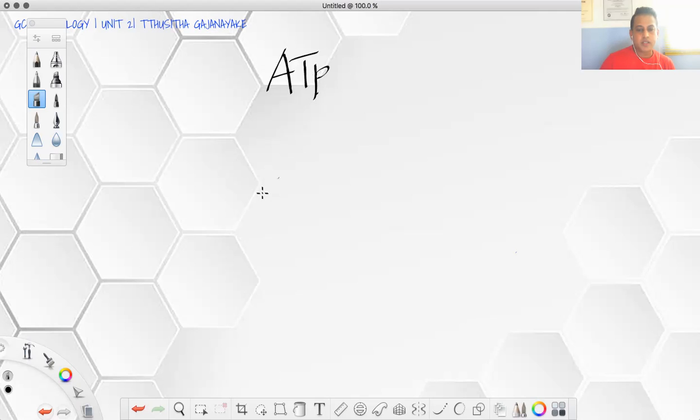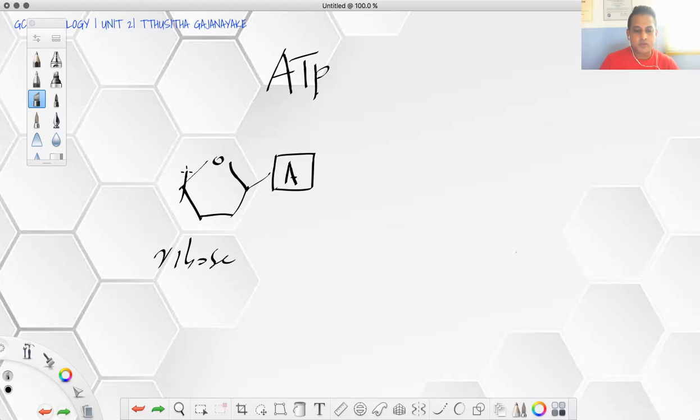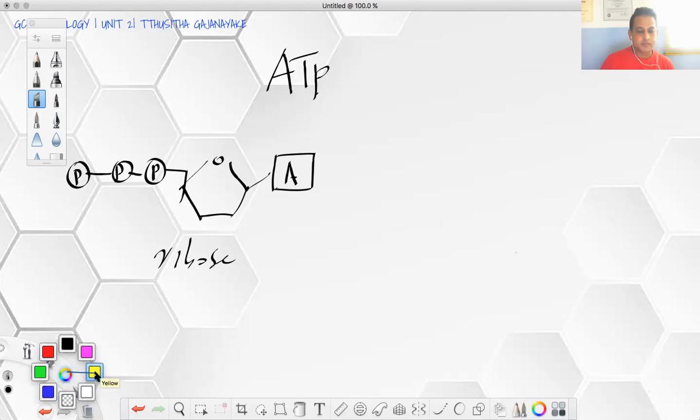ATP. If you look at the ATP molecule, this has a ribose sugar and it has a nitrogenous base adenine, and it has a 3-phosphate group, 1, 2, 3. Especially between the phosphate groups a lot of energy is trapped.